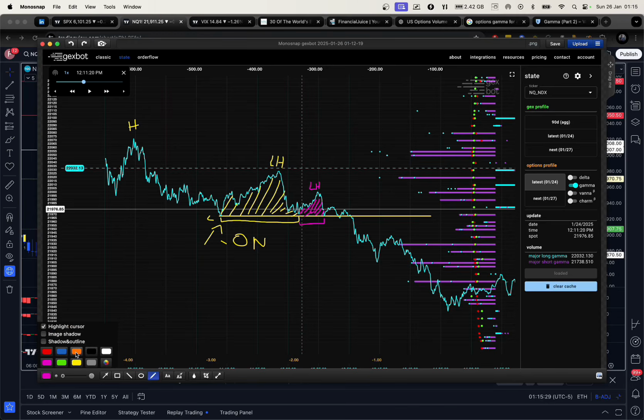So have a look at what happened the third time. Here, it is smaller, right? Look at the time that it is taking for the bears to push again and try to break this level down. The time is getting shorter and shorter.